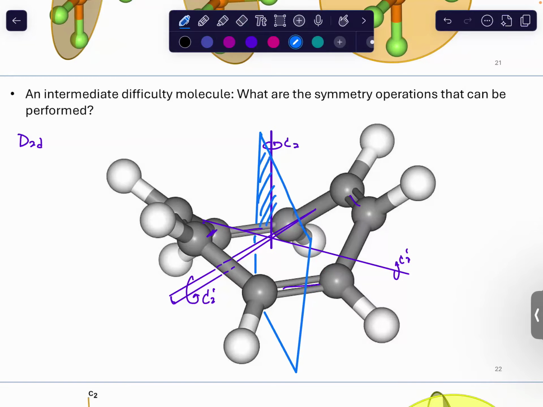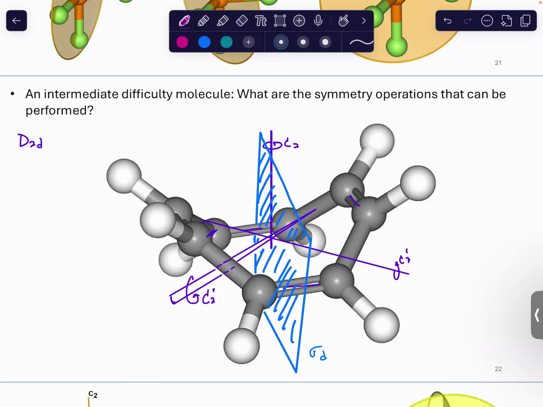So then if we look, that sigma V cuts right between two C2 primes. So that makes it a what? Not a sigma V. Wait, prime. What's the other one? It separates those two. Sigma D? Sigma D. Okay. And so then the other one you talked about would be a sigma D as well.